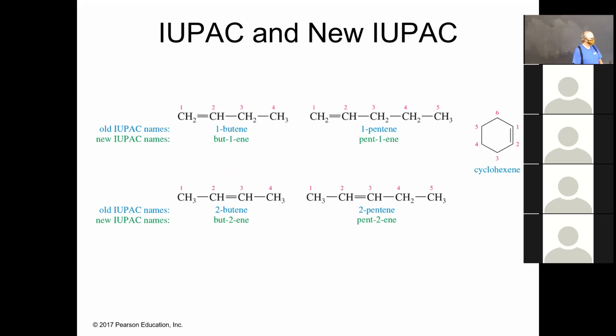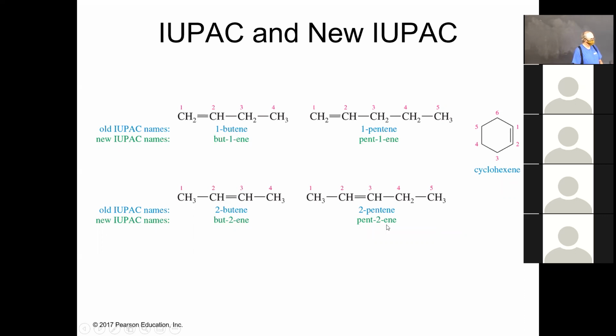There was a newer method, and that is to put the location number right next to the suffix. So instead of 1-butene, it's but-1-ene. The 1 is because the double bond is between 1 and 2. So this is pent-1-ene. And then down here, this is but-2-ene because the double bond is between 2 and 3.